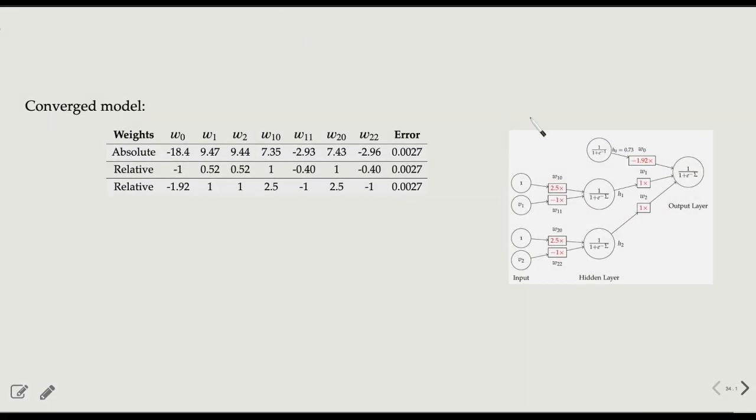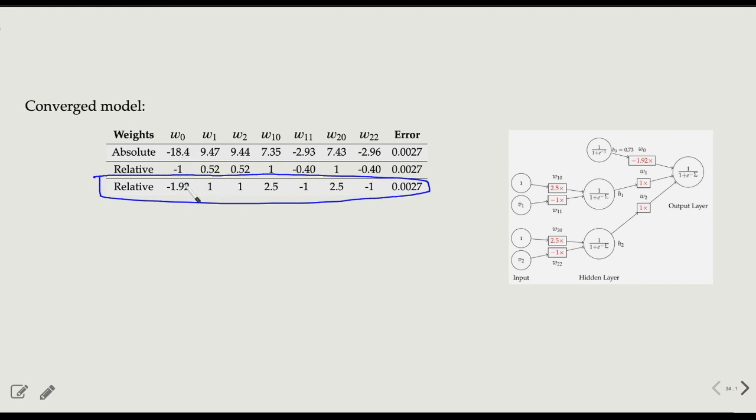The table here shows the weights of the converged model using backpropagation. We can look at the absolute values, but we can also look at some of the relative values based on different factors and normalization. One set of values we want to look at is after we normalize the original absolute values by a certain factor.